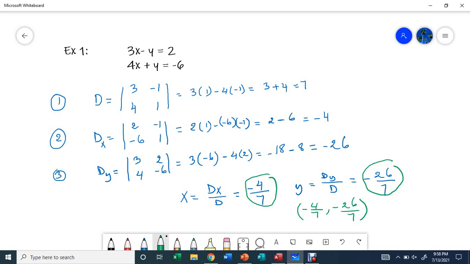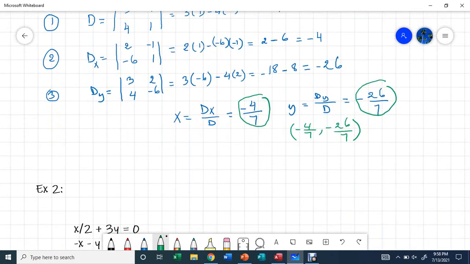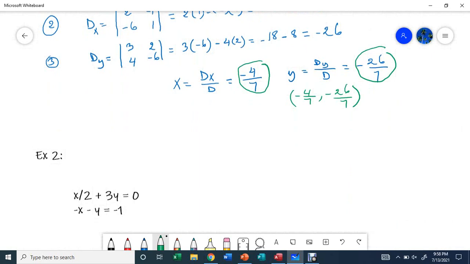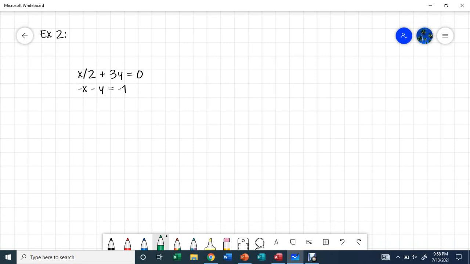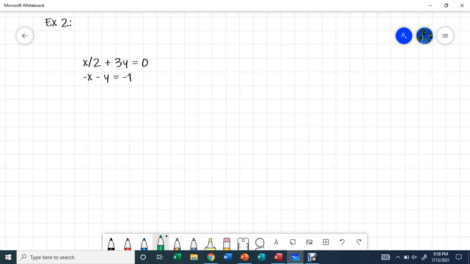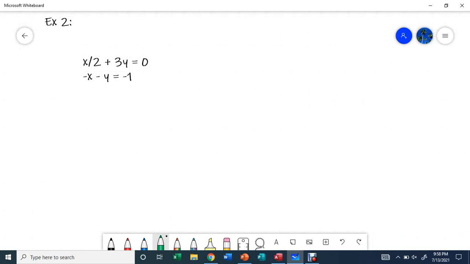So let's apply the same rule and solve one more example with fractions. So here we have 1/2 x plus 3y equals 0 and negative x minus y equals negative 1. So step 1, find the determinant D using the coefficients of the variables. So I have 1/2 and negative 1 for x, and I have 3 and negative 1 for y.